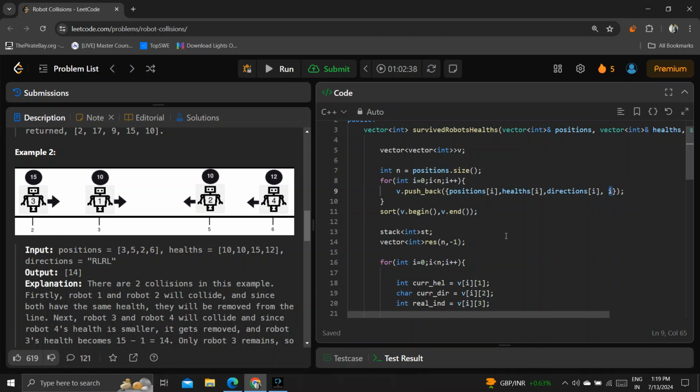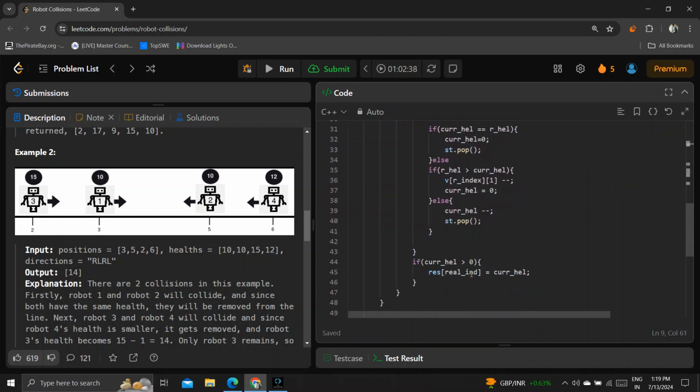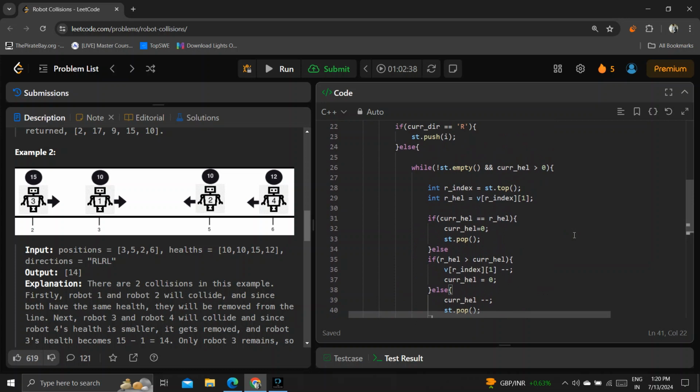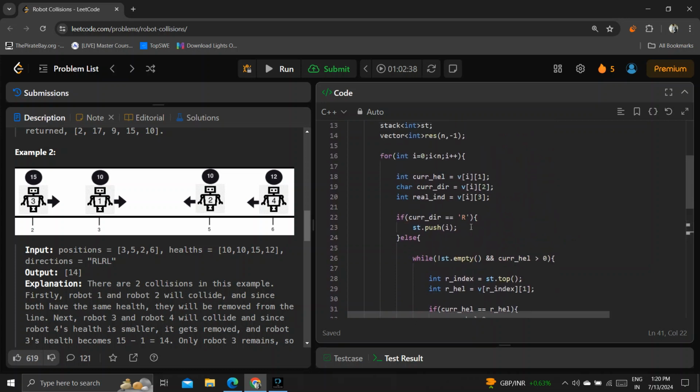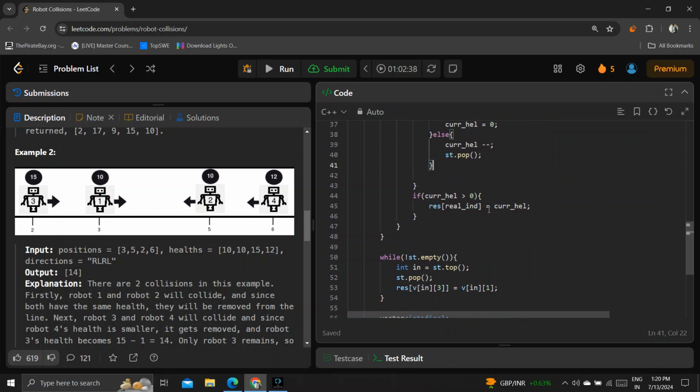When we sorted this, the positions got distorted, but I contains the real position. So at this particular real index, V of I of 3, we have stored this current robot health, right? So this robot has survived, and now we will move to the next robot. Hope you have got this. This will continue until the for loop ends and all the robots that survive are marked.